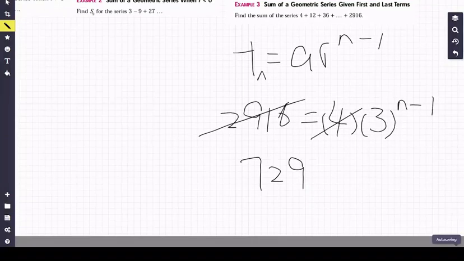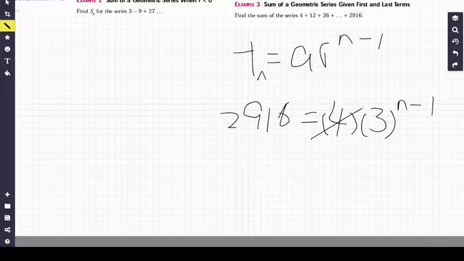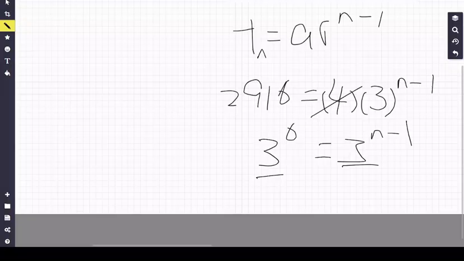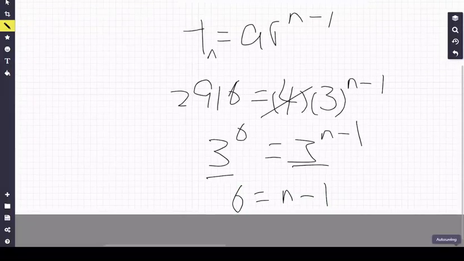You could take the log, or you could do the equivalence of bases. So 729 is 3 to the power of 6, and that equals 3 to the n minus 1. Note that your bases are the same. So 6 equals n minus 1, and then n equals 7.